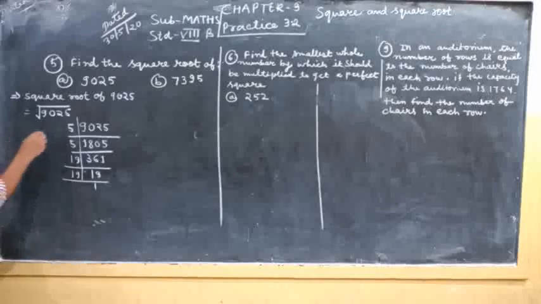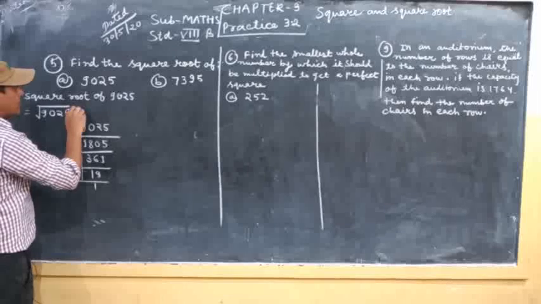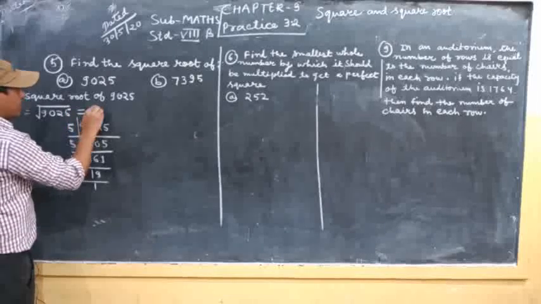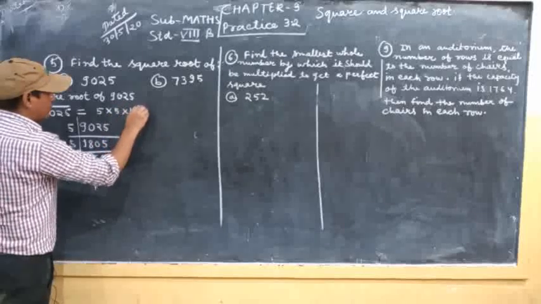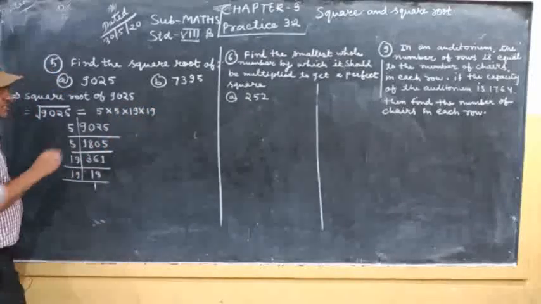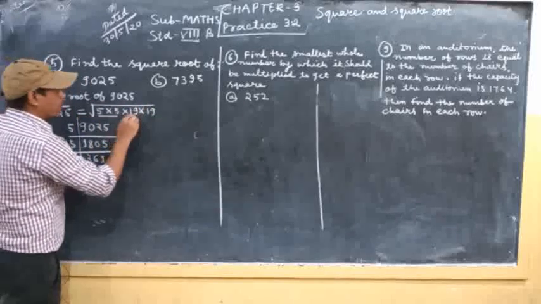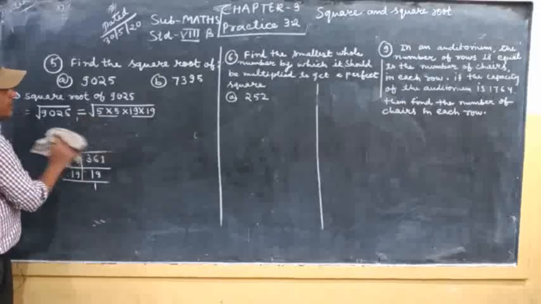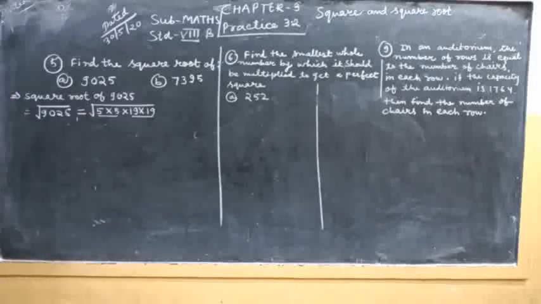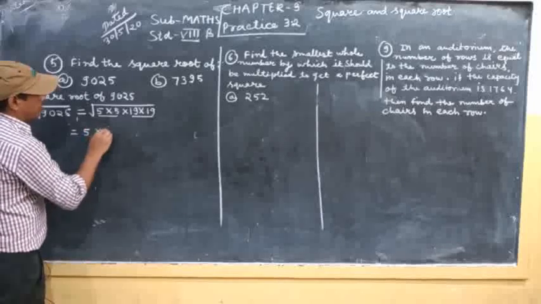So the square root of 9025 is written as 5 into 5 into 19 into 19. We pair the numbers: 5 into 5, 19 into 19, so we write 5 into 19.